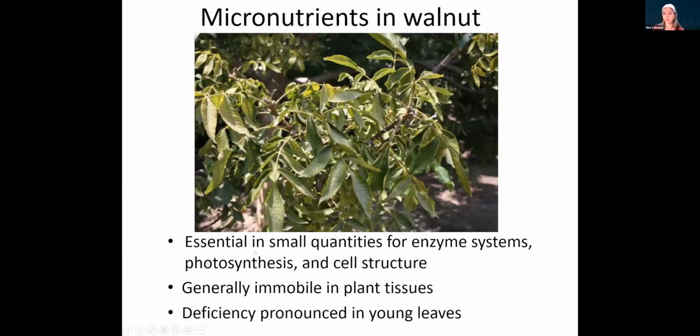Okay, so micronutrients. Micronutrients, as I mentioned, are essential in small quantities for enzyme systems of the plants, photosynthesis and cell structure. They are generally immobile in plant tissues, and so when you have a deficiency in a micronutrient, it's going to be very pronounced generally in young leaves.